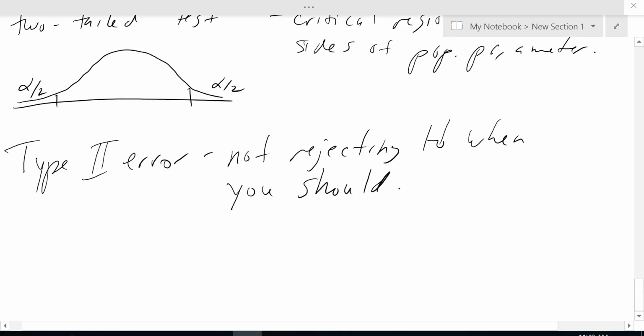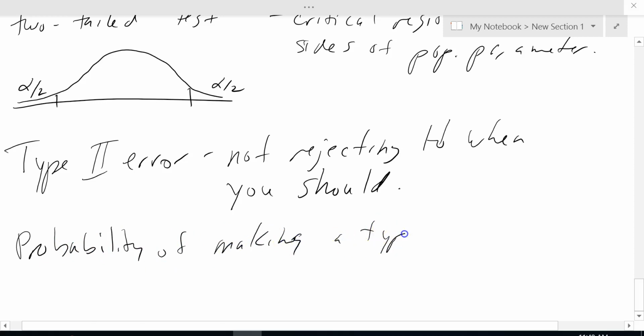We have a name for the probability. The probability of making a type 2 error is referred to as beta. It's the letter we give to it. What's tied to beta is what's referred to as the power of a hypothesis test.